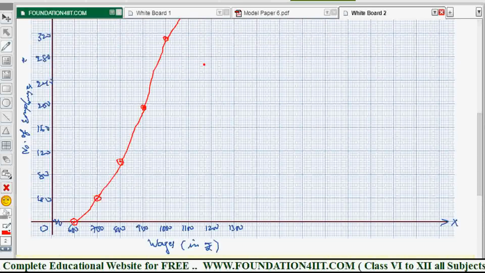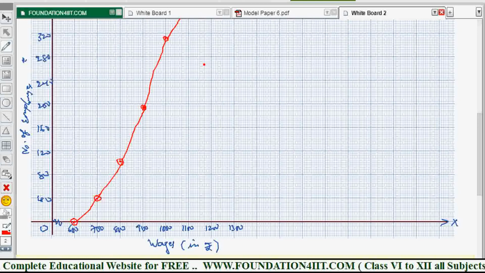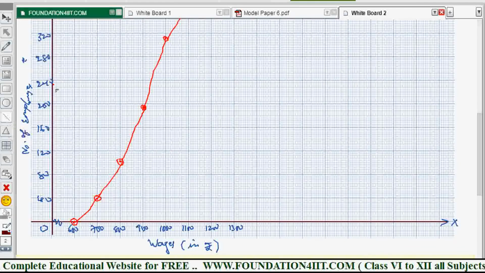Just if you observe, this is the 235th observation, right? From 235 you should join a straight line. So 200, 240, from 235 somewhere you can take a straight line, and from here you can take the line down.